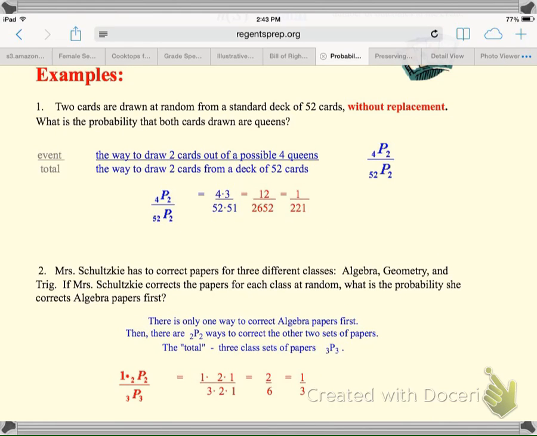Okay, so you've got two cards and they're drawn at random from a deck of 52 cards without replacement. What's the probability both cards drawn will be queens? Well, first they're showing you that you have, in the notation we've been using, 4p2, and that's because there are 4 times 3, which is 12.